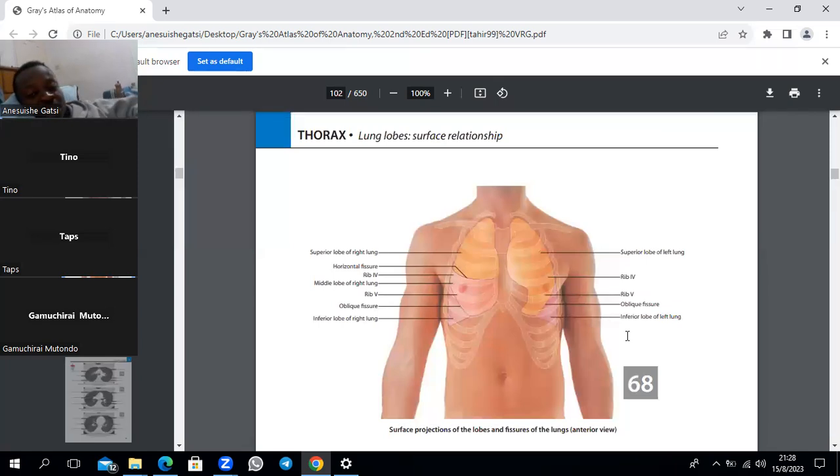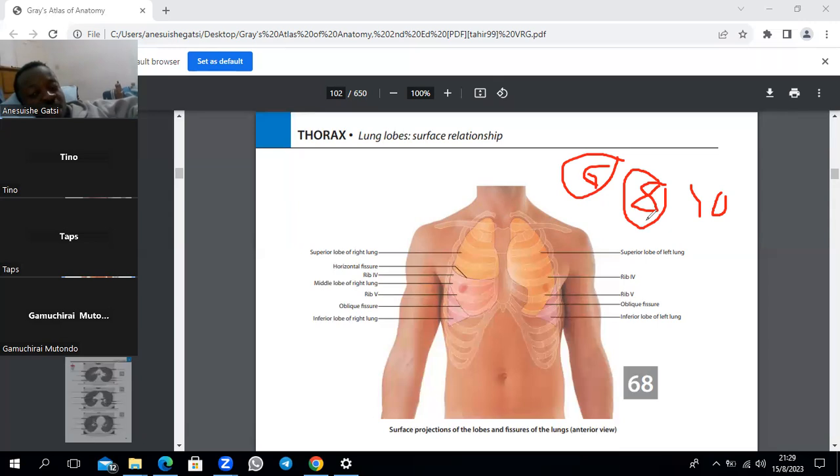Then I didn't mention the inferior border of the lung. The inferior border of the lung is opposite the 6th rib in the mid-clavicular line, opposite the 8th rib in the mid-axillary line, and it crosses the 10th rib adjacent to the vertebral column.